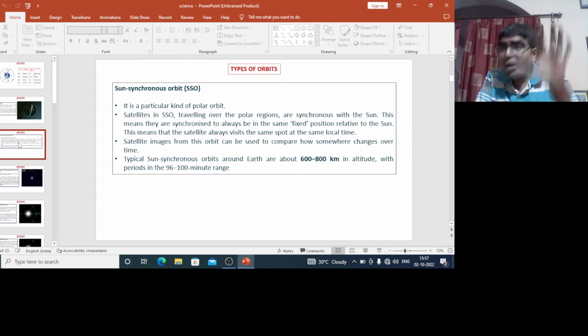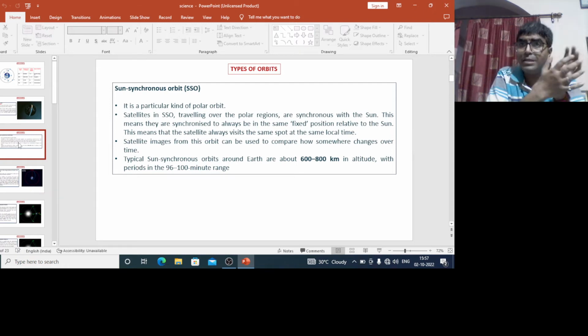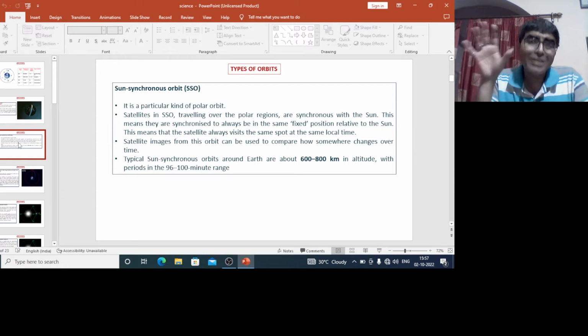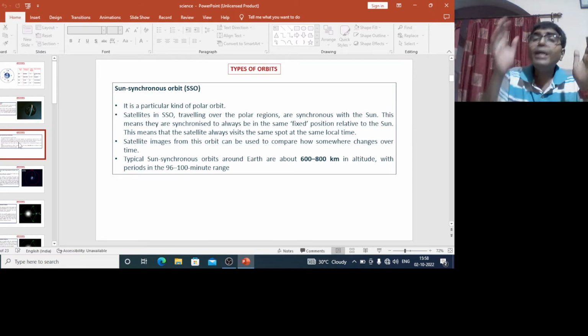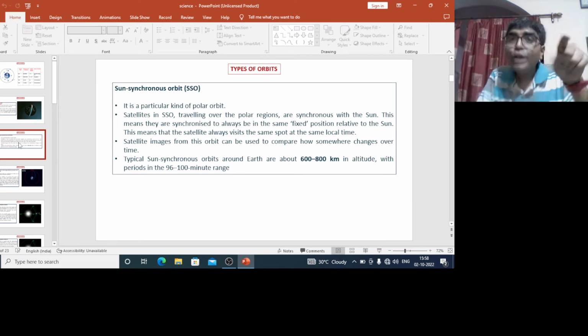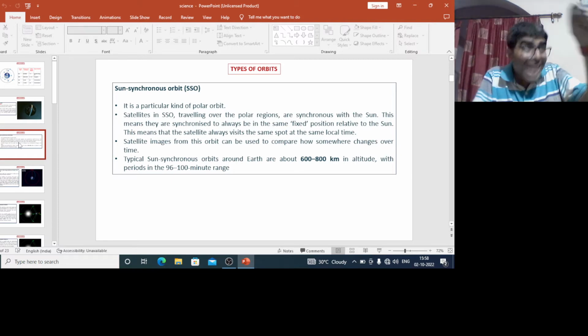For this 1 month, I will observe that place, and when I observe that place, I can reach a concrete decision. These are the findings which I have got after a prolonged observation over time. So to get a prolonged observation or these findings, what you have to do is place that satellite in the sun synchronous orbit to get those views.